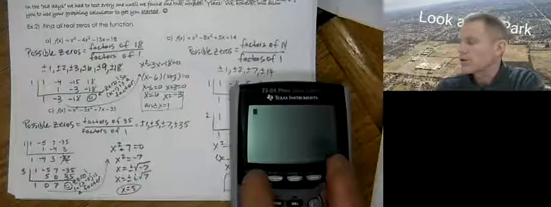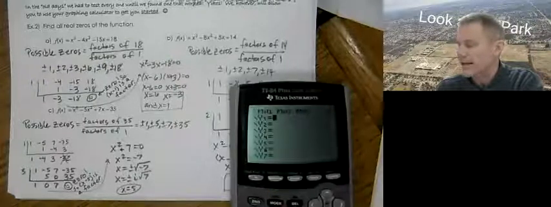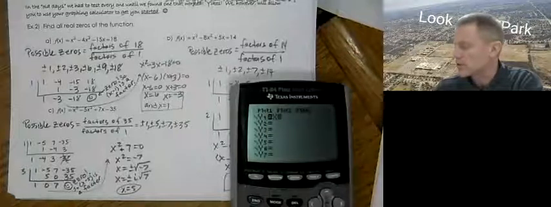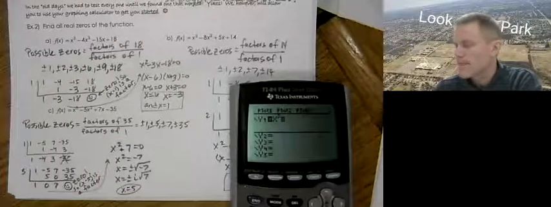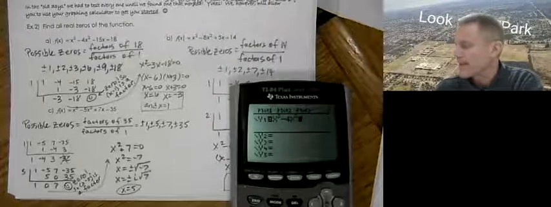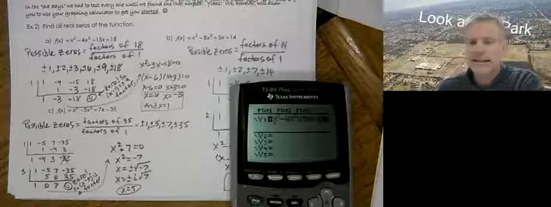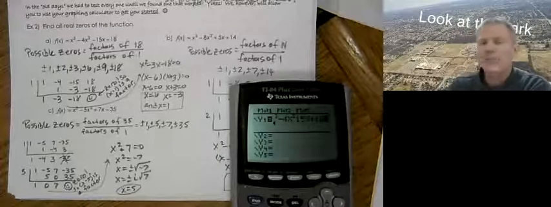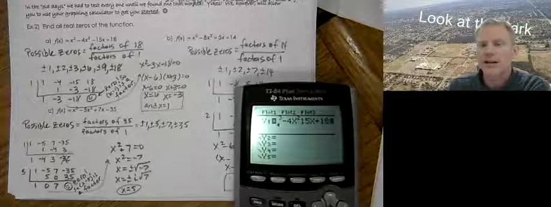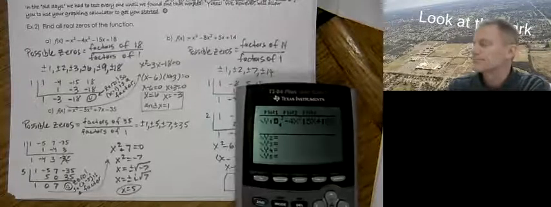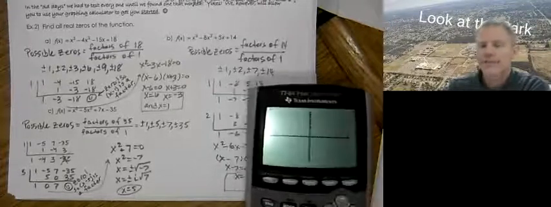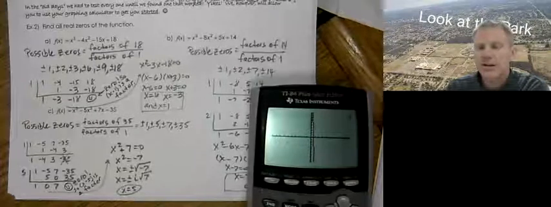So if we do our graphing aspect of it and say x cubed minus 4x squared minus 15x plus 18, if you type that into your graphing calculator and hit graph, you're going to probably see that it only crosses in one spot.